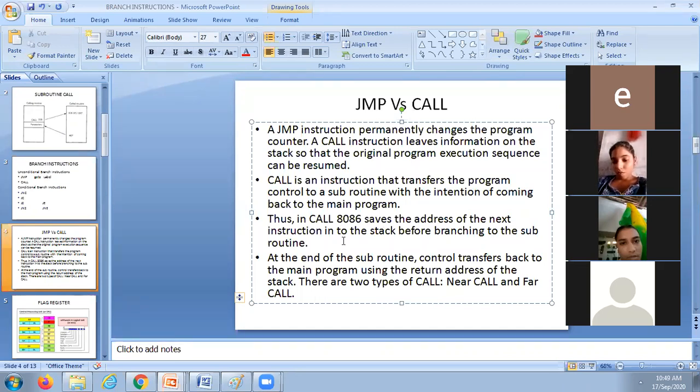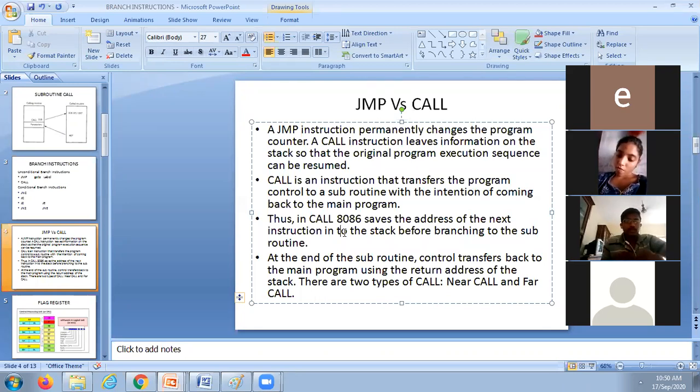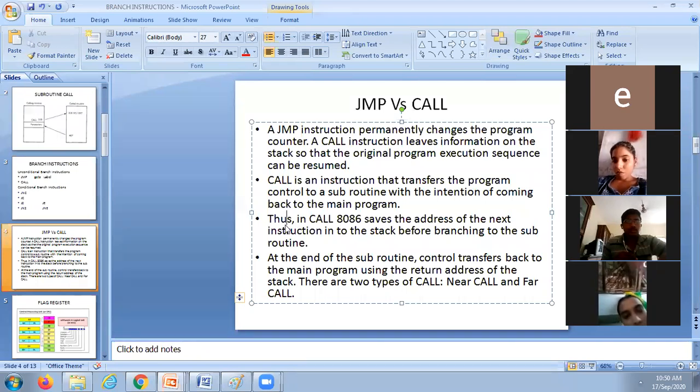Thus in call, 8086 saves the address of the next instruction into the stack before branching to the subroutine. Here it means not only the PC; all the register set will be pushed. Here they told only PC just for the comparison, but all the register set will be pushed.